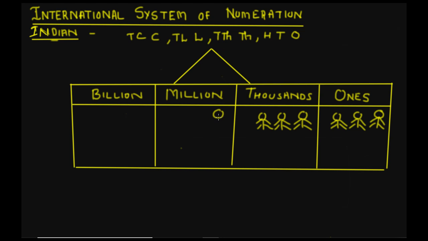Million also has got 3 people staying in this period, whereas in the Indian system, we had only 2, lakhs and 10 lakhs. Billion also has got 3 people staying in a room.